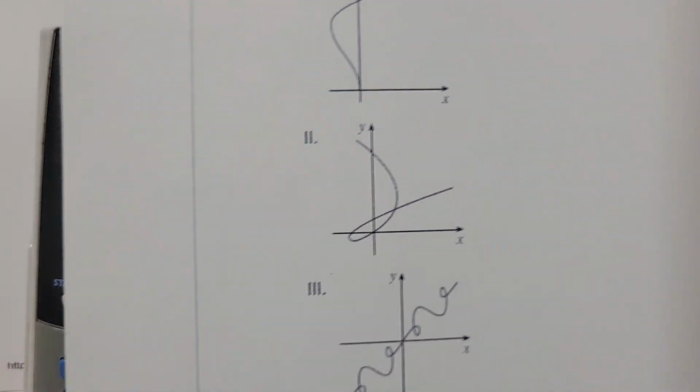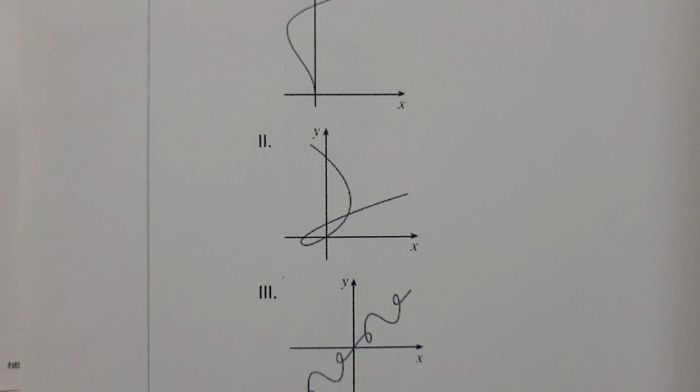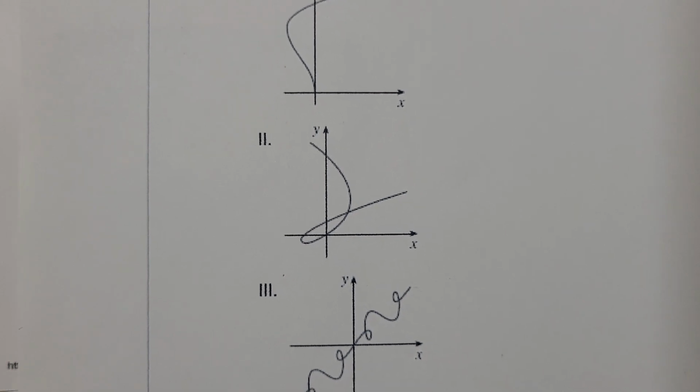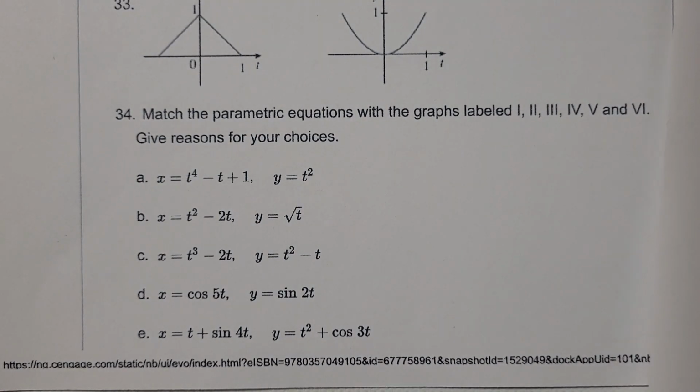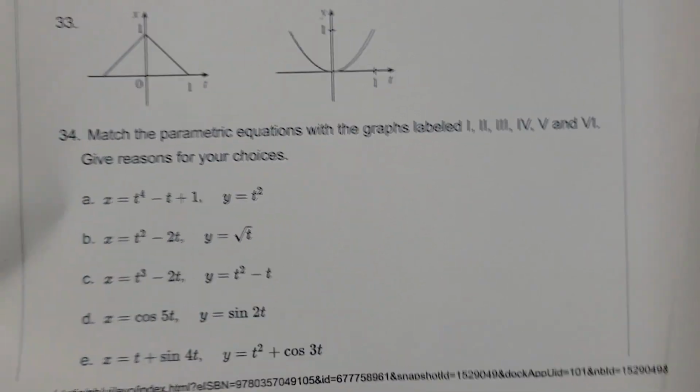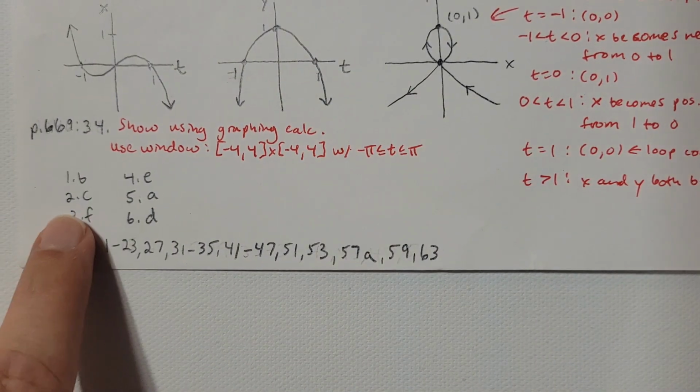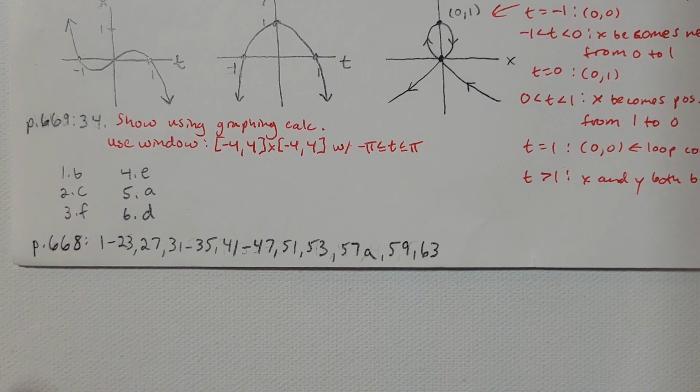So it looks like the information 2. Okay, so 2 is going to be matched with the information C there, it looks like.